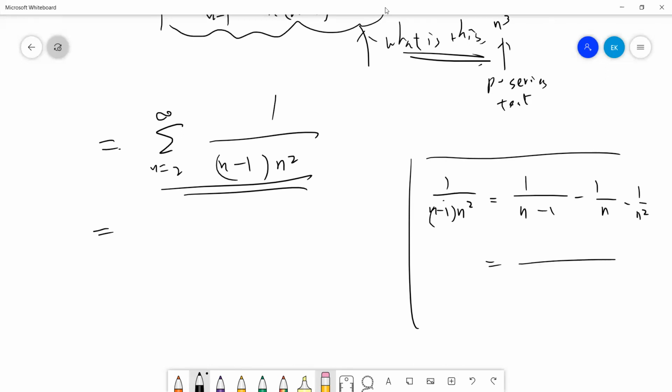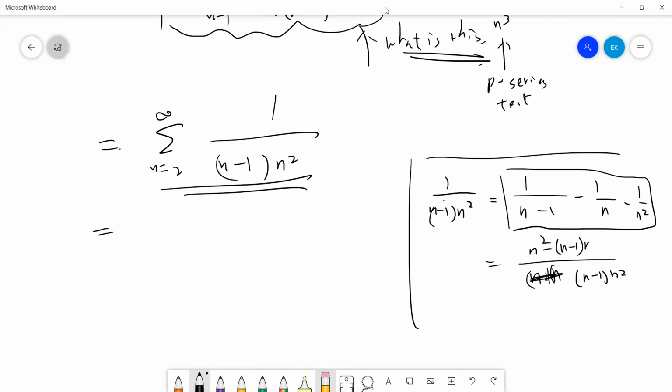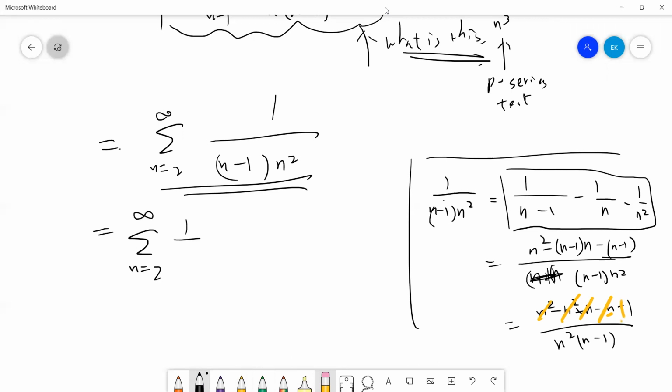Let's check this: write it over the common denominator (n minus 1) n squared, and you get n squared minus n (n minus 1) minus (n minus 1), which is n squared minus n squared plus n minus n plus 1. Yes, it is basically correct. So one can write the sum from n equals 2 to infinity of 1 over (n minus 1) minus 1 over n, minus 1 over n squared.